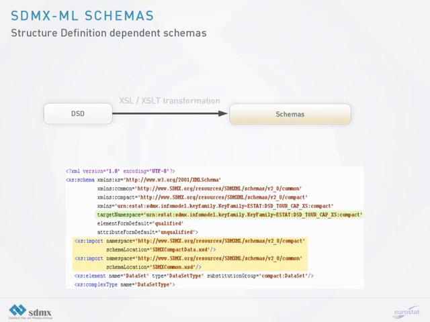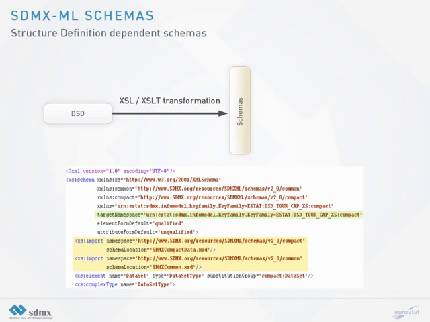In these cases, standard transformations with dedicated transformation files such as XSL and XSLT are provided, and the schemas can be predicted from an examination of the related SDMX ML structure messages, DSD or MSD files.